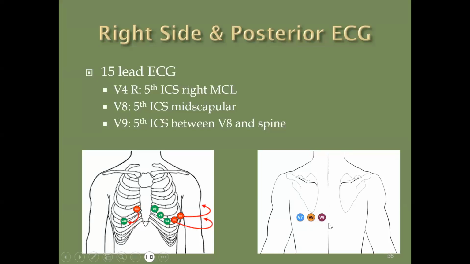So here's your spine, and then V9 goes just to the right of V8, and V8 would be at the bottom part of the scapula. You would run your ECG, make sure you relabel them, and you're looking for ST segment elevation to tell you that you're having a posterior wall infarction. So I'm sorry I skipped that when I brought the slides back up.